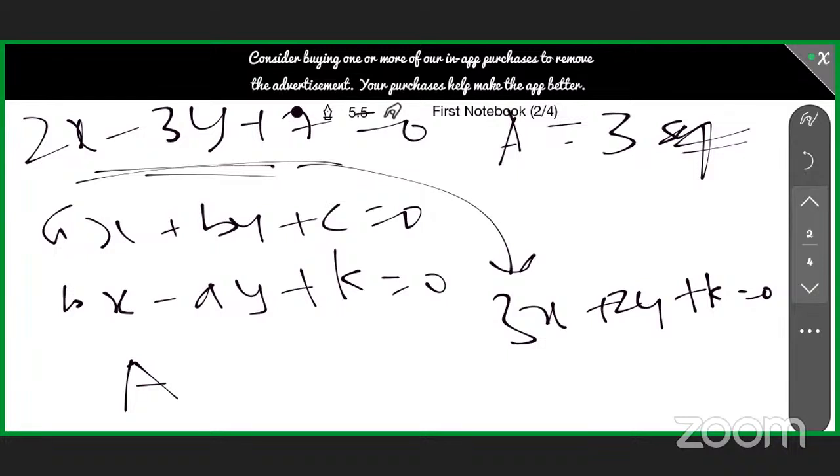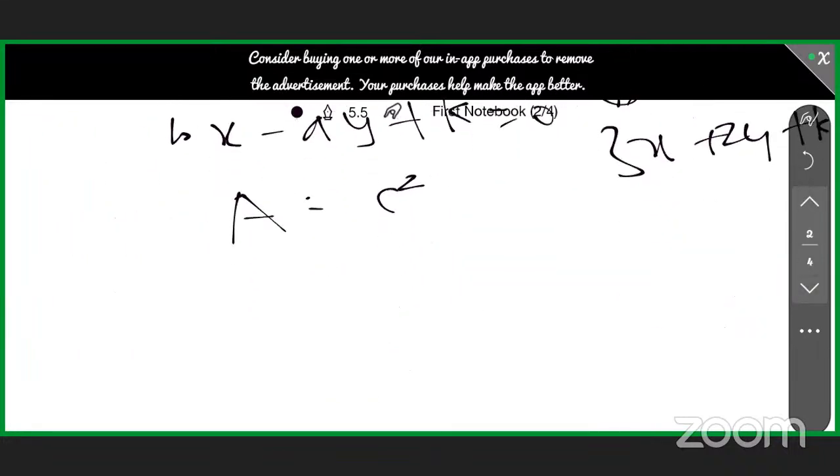Of course, when it is made by the line x by a plus y by b is equal to 1, the area will be half into mod of a into b. Since the equation is not in that form, we have the general equation form. What is the area of the triangle? That one also has three or four different formulas. It is equal to, if you don't know, c square by 2 into mod ab.